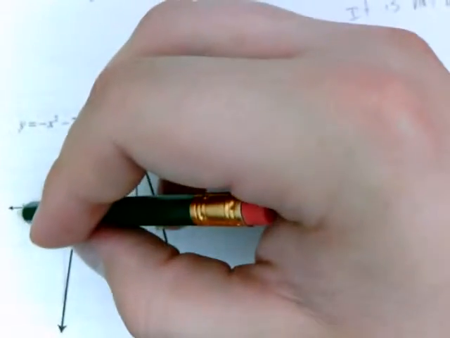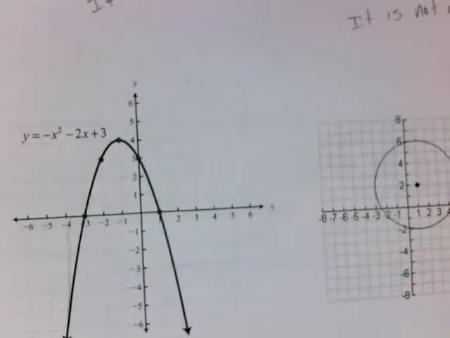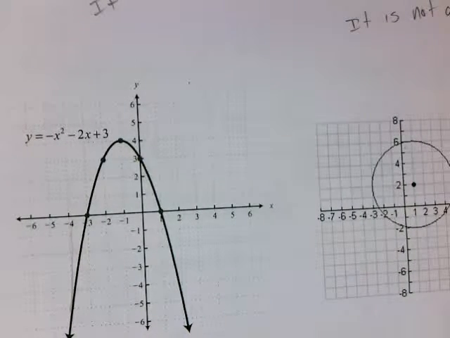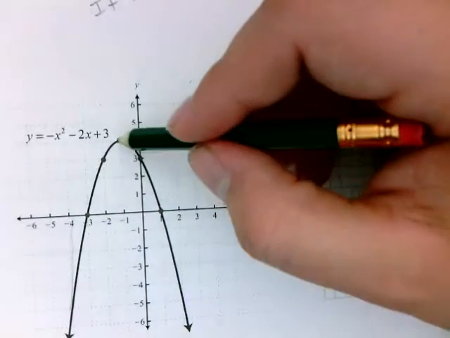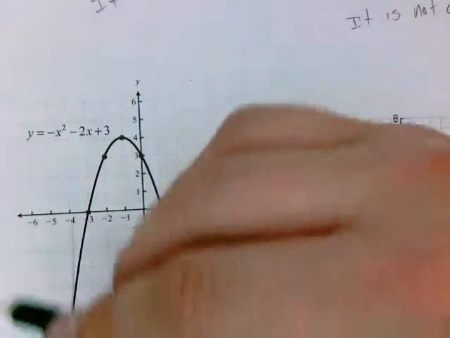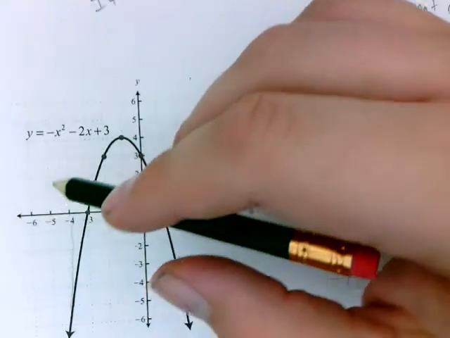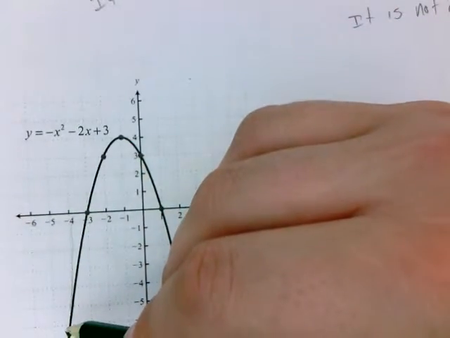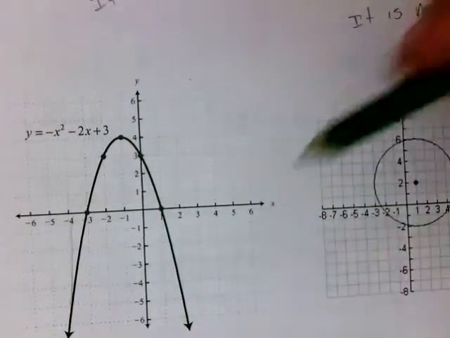No matter what x I pick, I'm going to be able to figure out somewhere along the line where that x hits the graph. Like this x hits the graph right here. This x hits the graph right here. Well, this is going down forever. So if I picked a random point this way, I could draw it down to the graph itself, or up to the graph itself, however you see it.